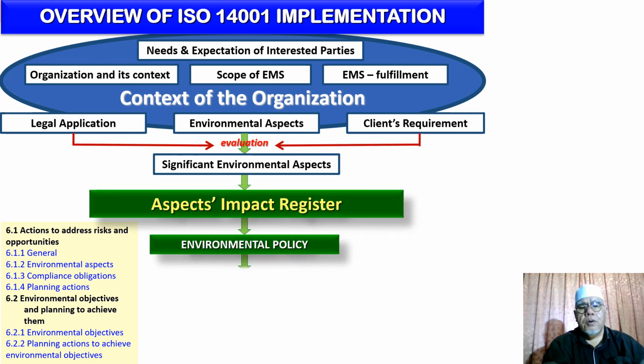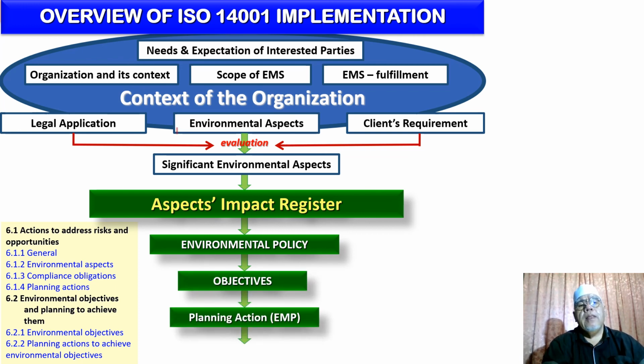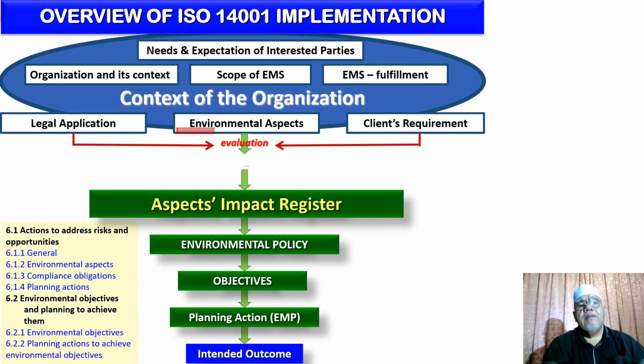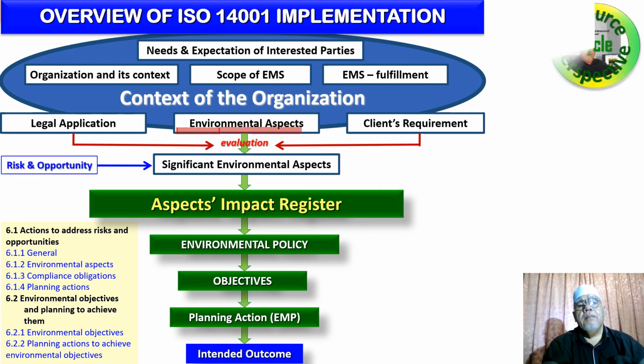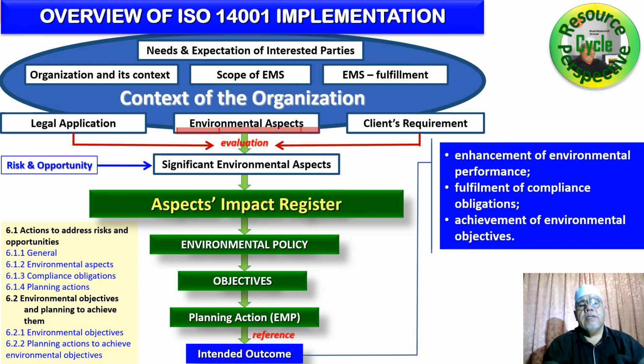I will show you right now. Here we are. The process of identifying environmental aspects is here. Meaning, as far as environmental management per se is concerned, the identification of environmental aspects is the first step.